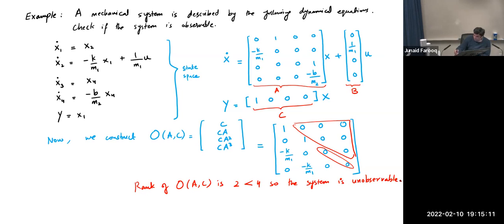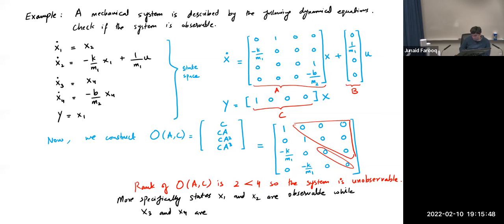A comment here is that, more specifically, the states x1, x2 are observable. For this you need to further reduce the observability matrix, but I'm just writing here as a comment that the first two states are observable while x3 and x4 are unobservable.